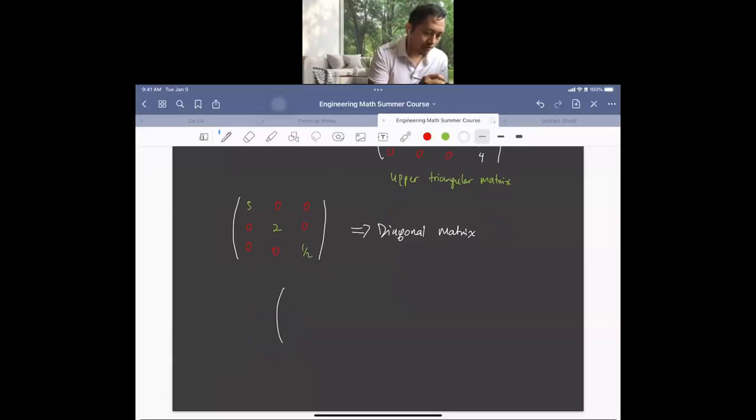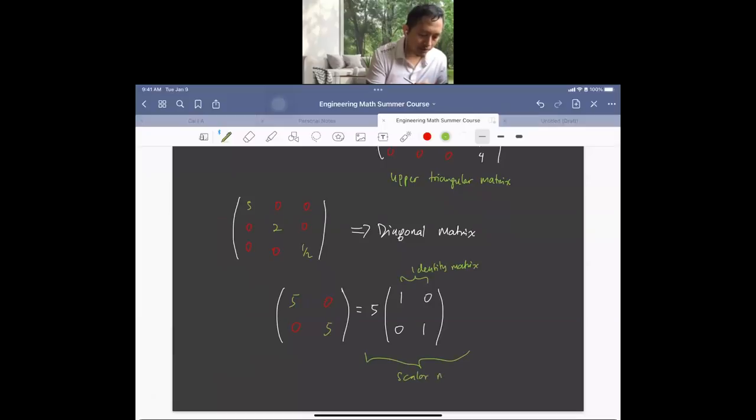And if we have, for example, 5, 5, and the other entries are 0, we can make this into 1, 0, 0, 1, right? This 1, 1 here is the identity matrix.